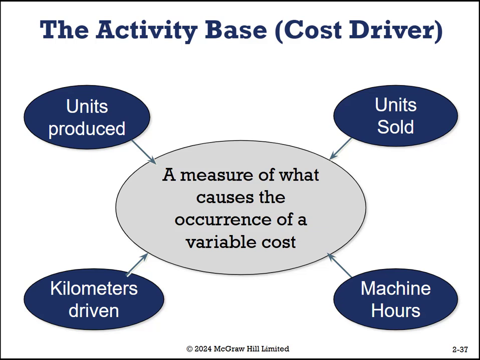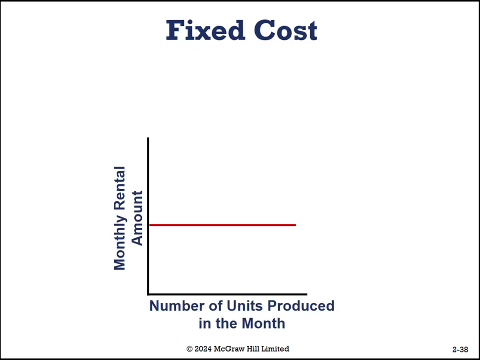Kind of the opposite are fixed costs. Fixed costs are fixed within a relevant range, that is, a range of activity within which the assumptions about variable and fixed cost behaviors are valid. Within a relevant range, it doesn't matter how many units are produced in the month. So at Tim Hortons, the amount of rent that they pay is going to be the same regardless of whether they produce and serve 1 cup of coffee or 50,000.